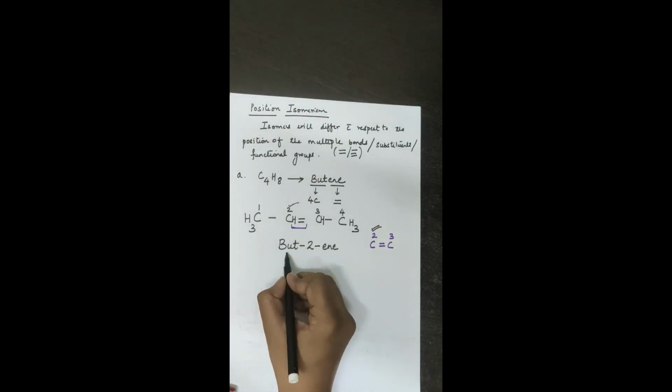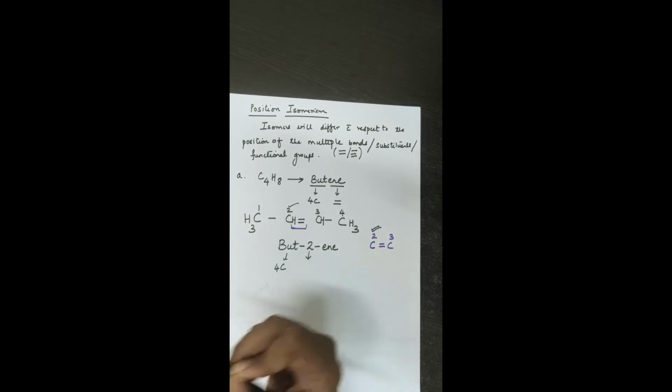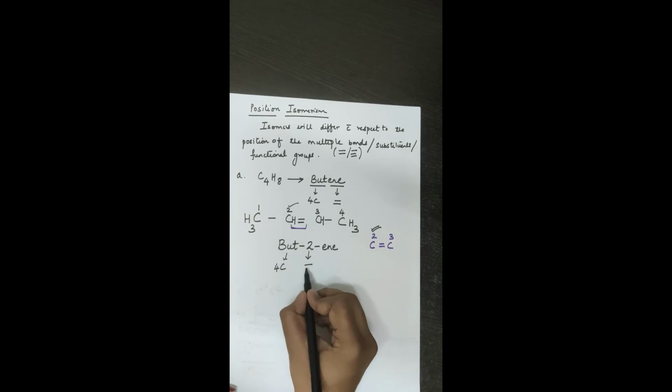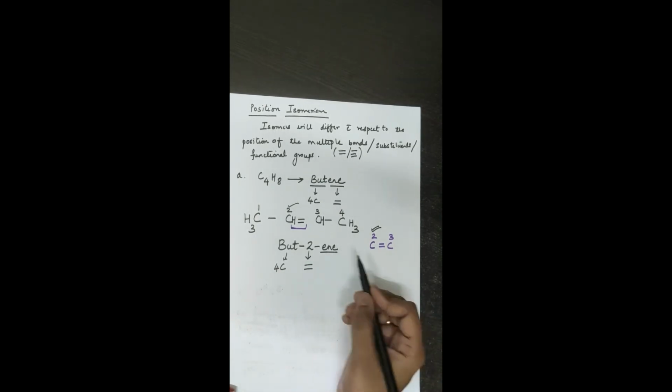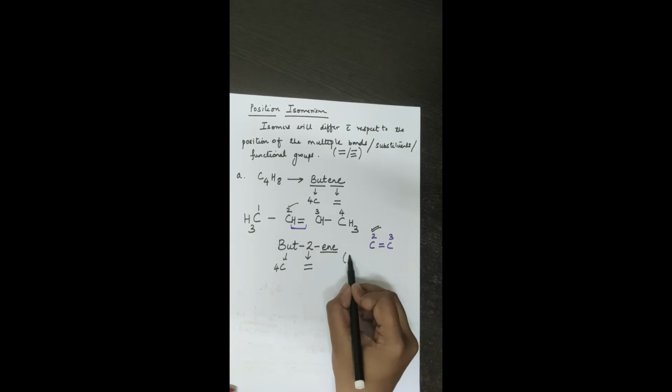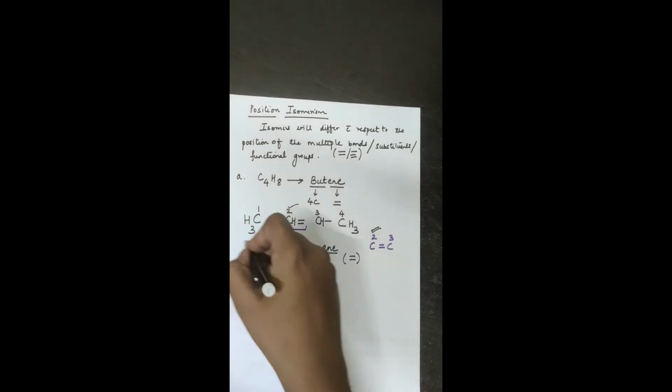Ene. So but indicates that there are 4 carbons. Number 2 here indicates that the position of the double bond is between 2 and 3, and ene of course indicates that there is a double bonded system which is present. So this is the name, that is butene, and this is your first isomer for C4H8.